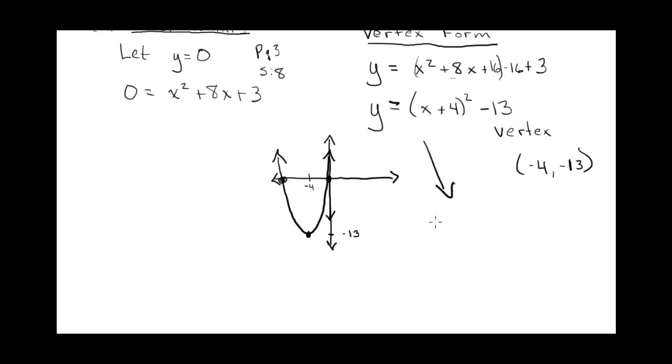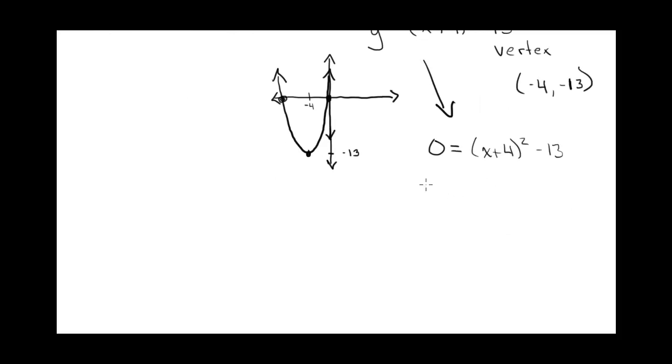We could substitute 0 into y here, and then try solving. So add 13 to both sides, get 13 equals x plus 4 squared, take the square root of both sides, plus or minus, and then subtract 4 from both sides.